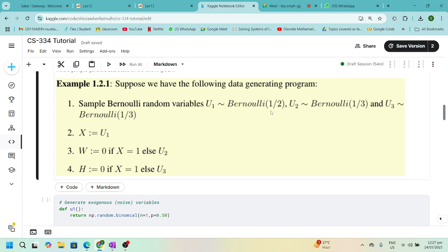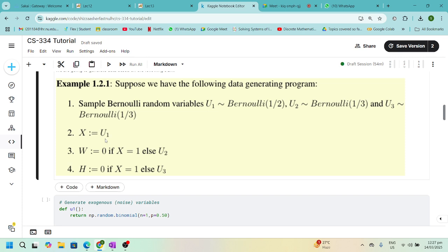It means there's a 50% chance that U1 is going to be 0 and a 50% chance that U1 is going to be 1. U2 is going to be 1 with a probability of 1 over 3, which means that there is a 2 by 3 chance of U2 being 0. And U3 is exactly the same as U2 as well.